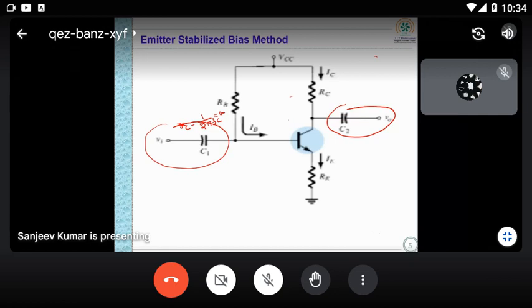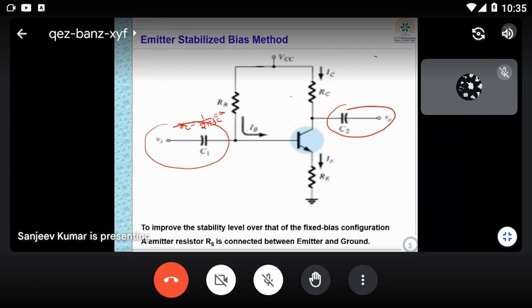This is your first step. Then what is the next step? KVL in the input loop, and we have to find IB. The same steps I told, you have to follow here. First you find IB, second IC, then you find VC.